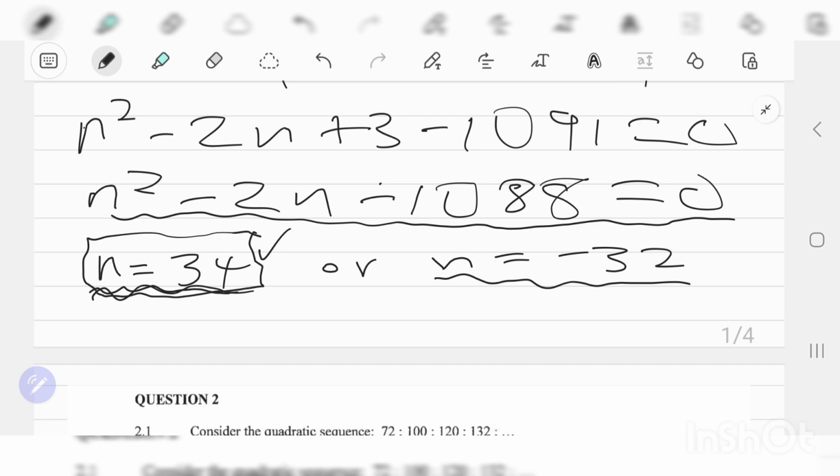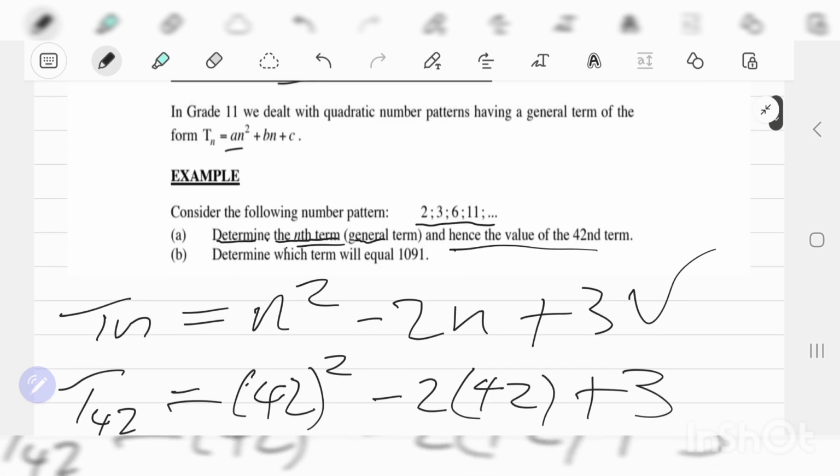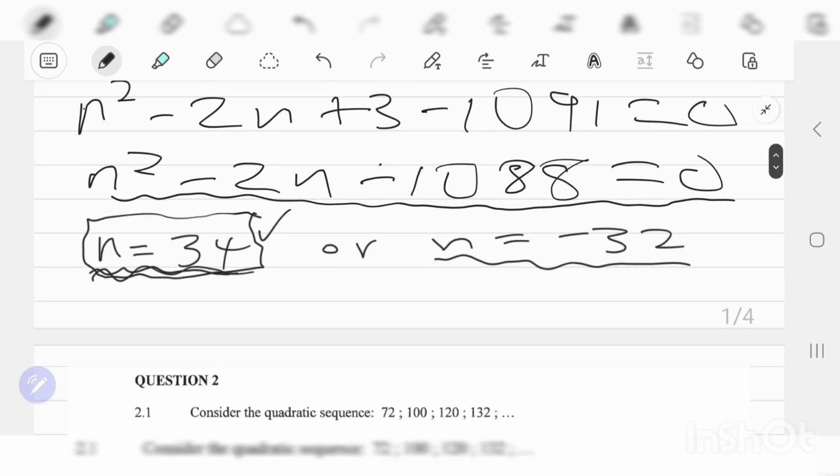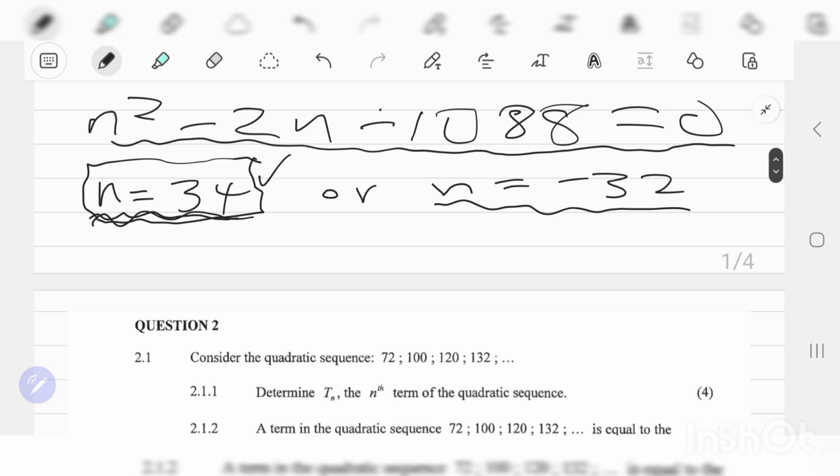So our answer is n is equal to 34. So meaning now the conclusion will be, remember the question asked to determine which term will equal this. So this means now this is how you're going to conclude.